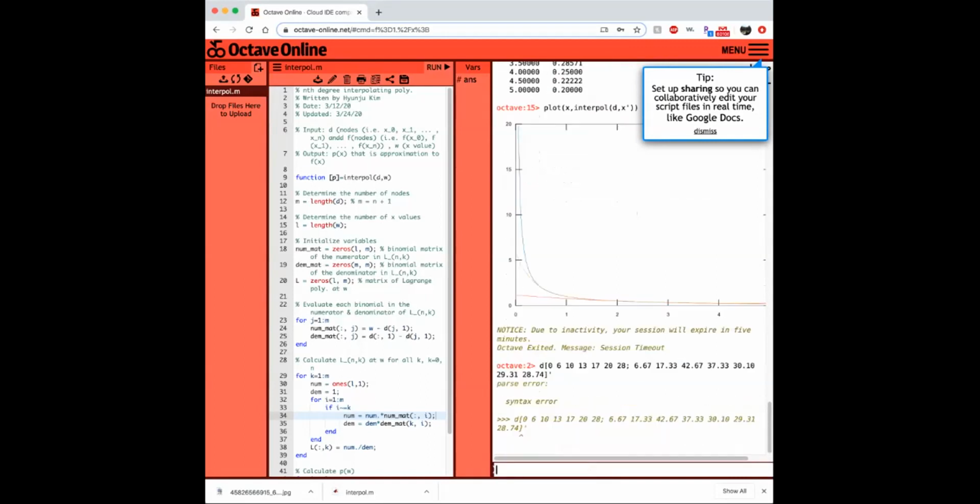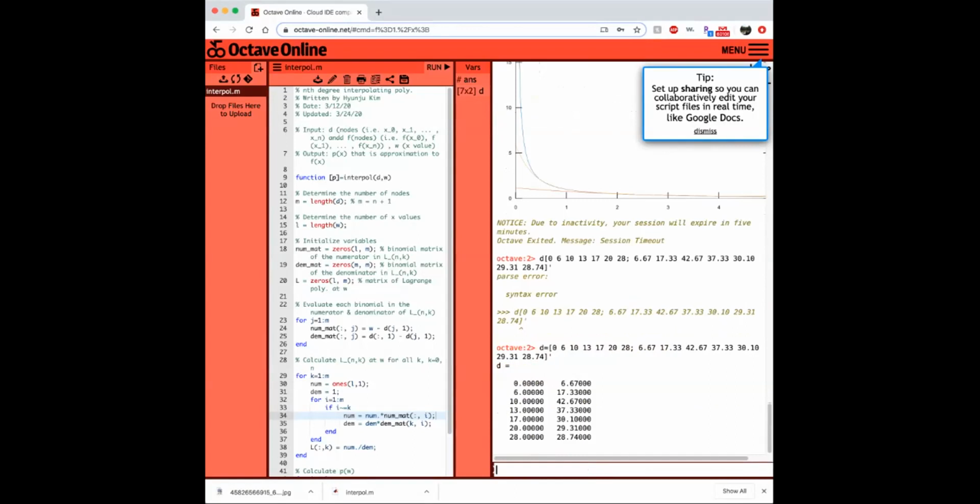Yeah, so we got this. D equals, I missed this one. Yep, so here is D.